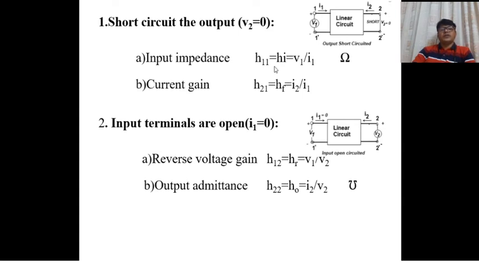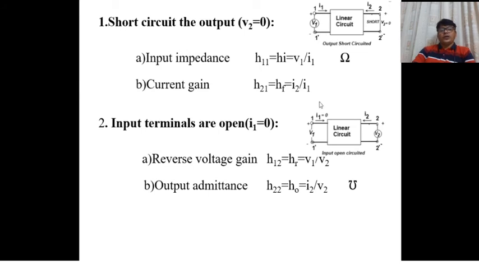H11 is nothing but Hi, i stands for input, and from equation 2 you can write H21 is equal to Hf, it is called current gain. So Hf is the current gain and that is the ratio of output current to the input current, I2 by I1. I2 is the output current and I1 is the input current. So in this way you can calculate the first two parameters H11, H21 by short circuiting the output voltage, that is V2 is reduced to 0.